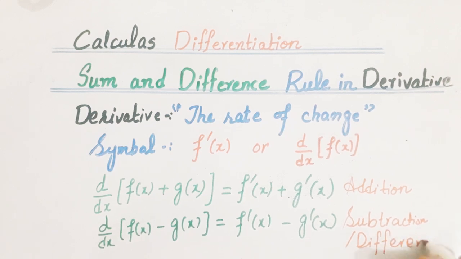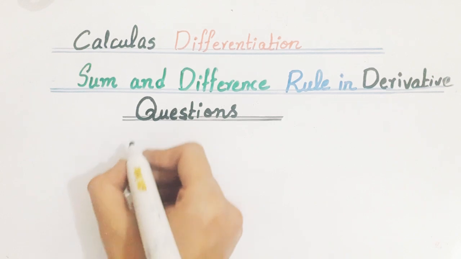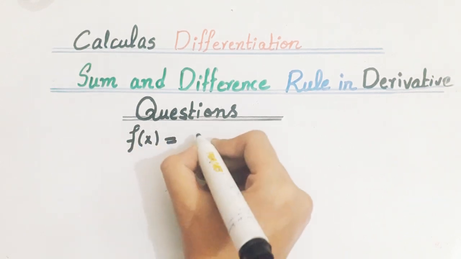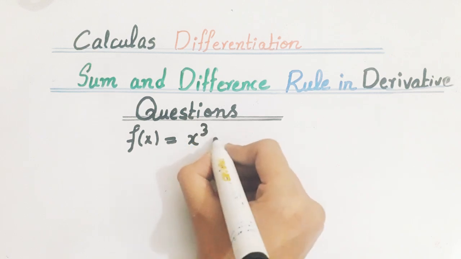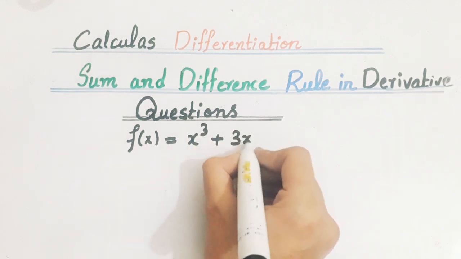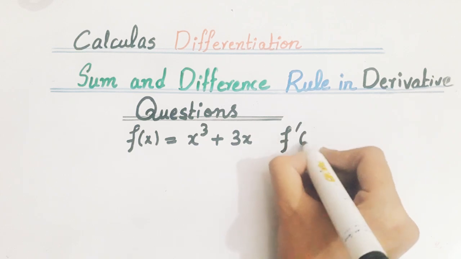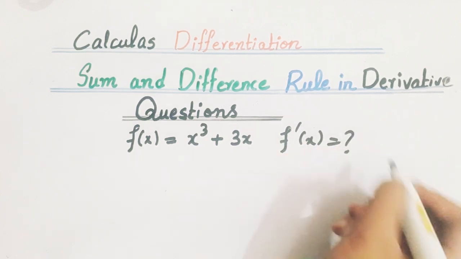Now we will apply these rules in some examples. Now if f of x equals x cube plus 3x, and you have to find f dash of x, what is it?